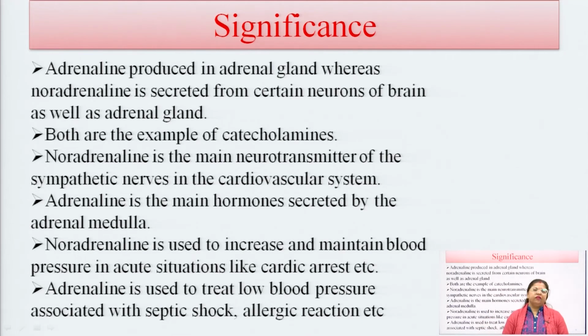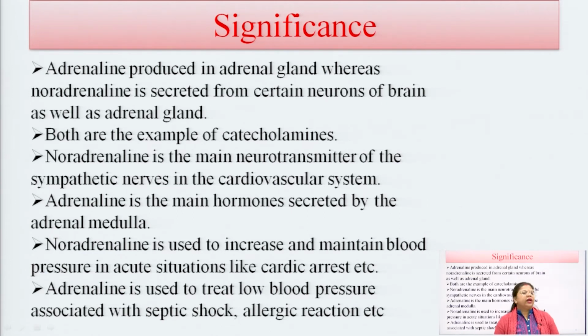And what is the significance of adrenaline? We all know that adrenaline is produced in the adrenal gland, while noradrenaline is secreted in certain neurons of the brain as well as the adrenal glands.